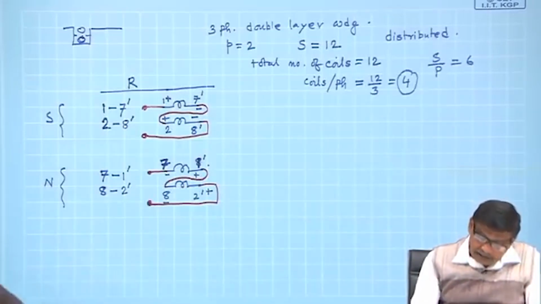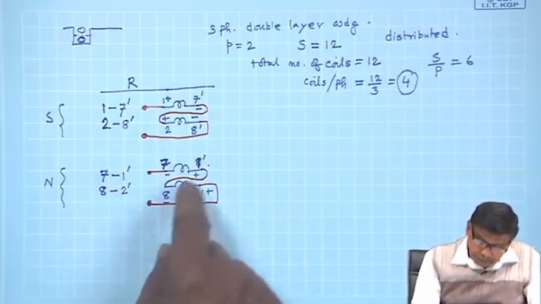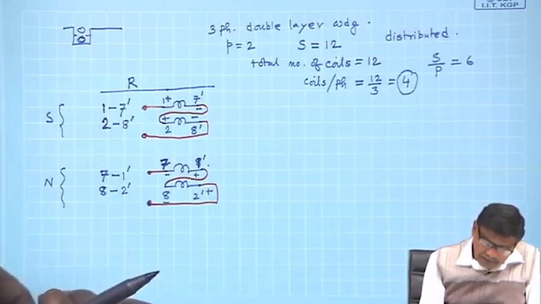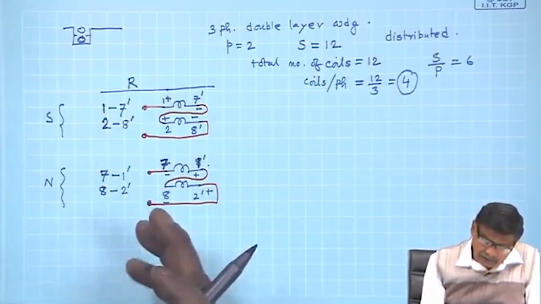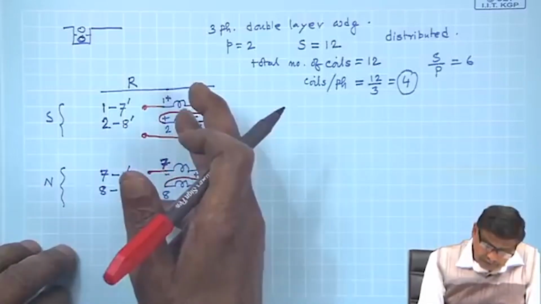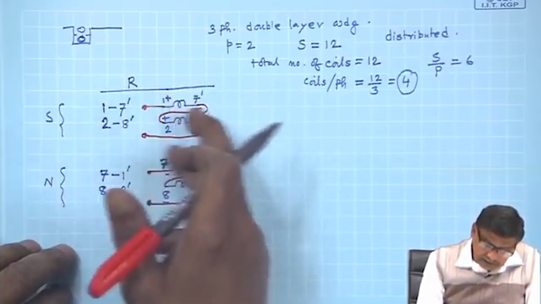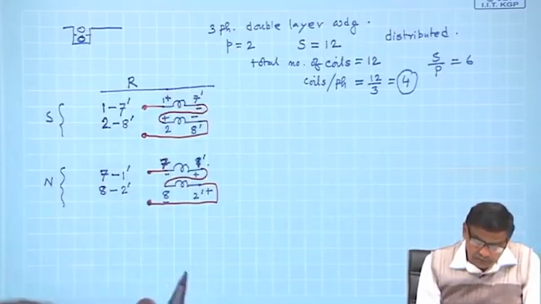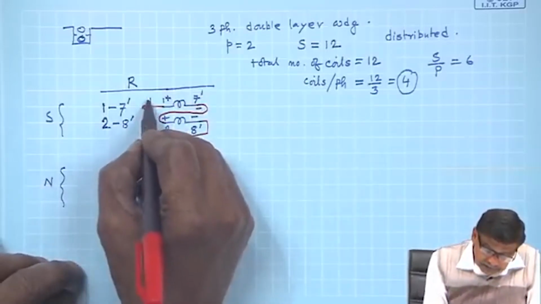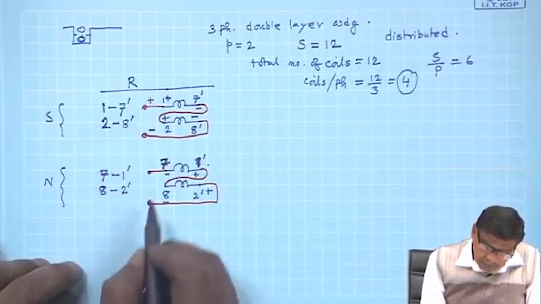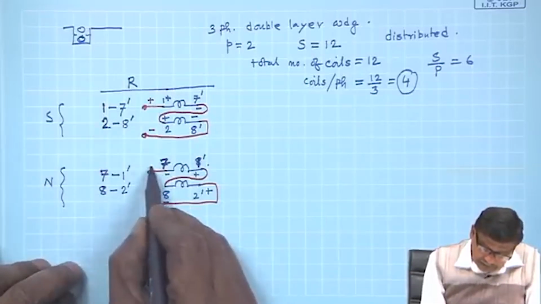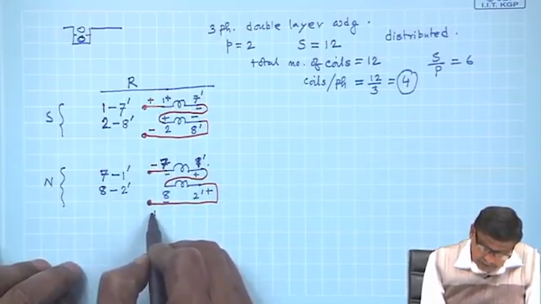Now, ultimately what you will do, you will connect these 2 coils in series with this group, that is these 2 groups are to be connected in series, then one should be careful about the connection. This is the minus and this is plus.